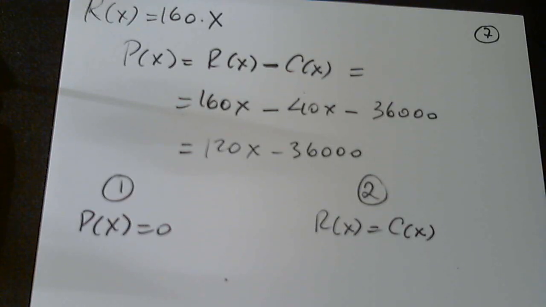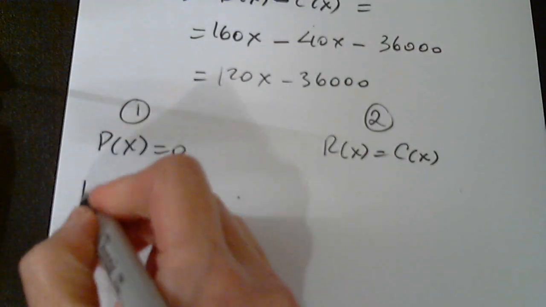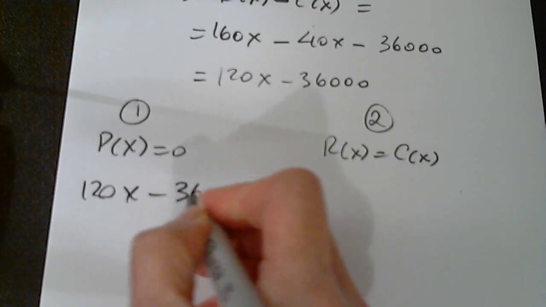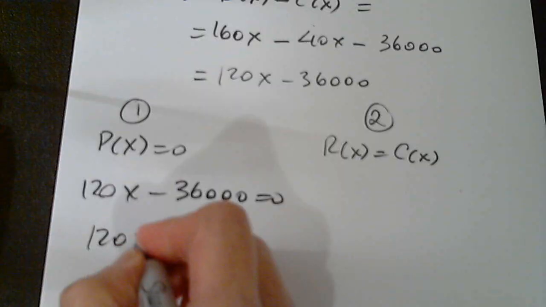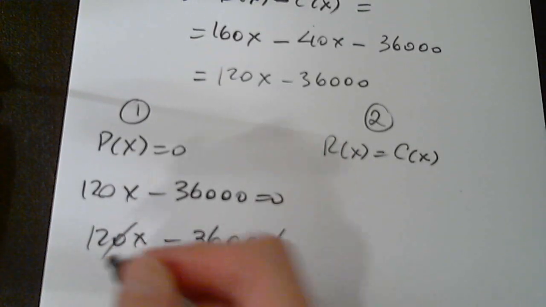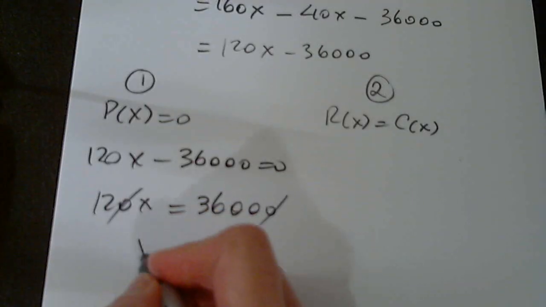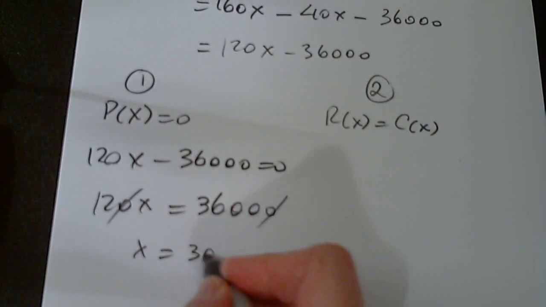So, which one? Can we do the first one? Okay, I have it right here. So this is 120x minus 36,000 equals 0. Of course, I move 36,000 to the other side. I simplify by 10, and then x equals, when I divide 36 by 12, I get 3 and 2 zeros.